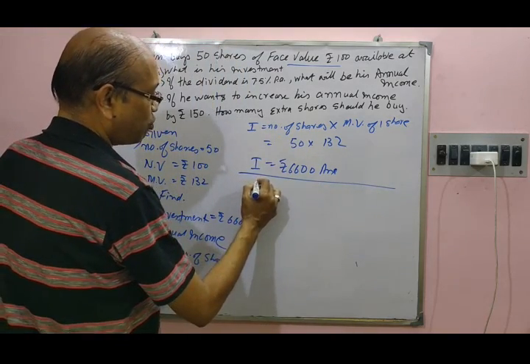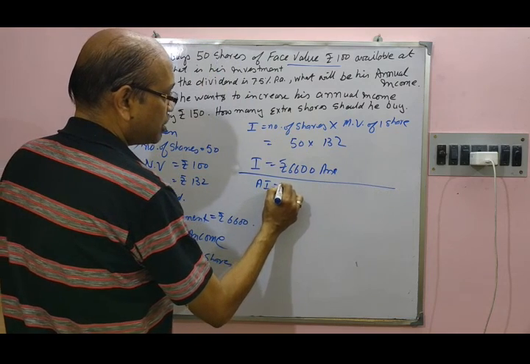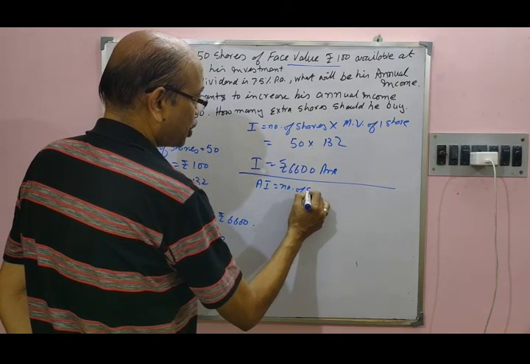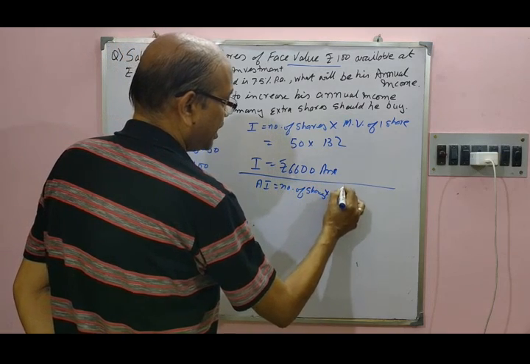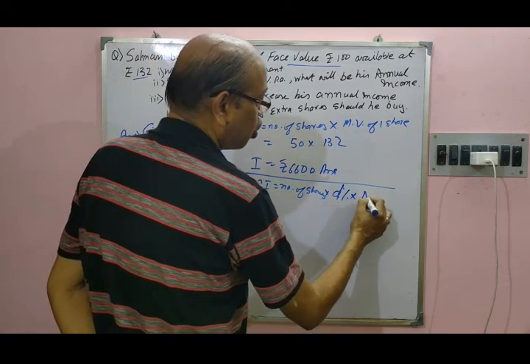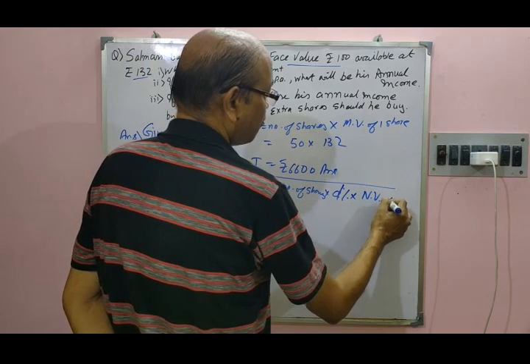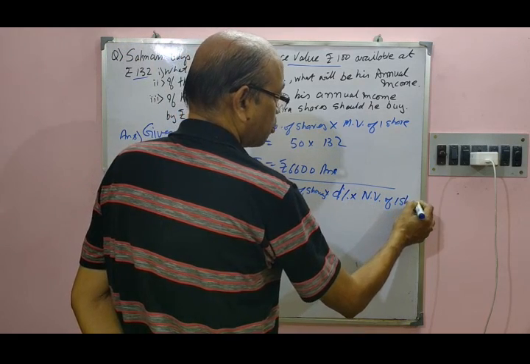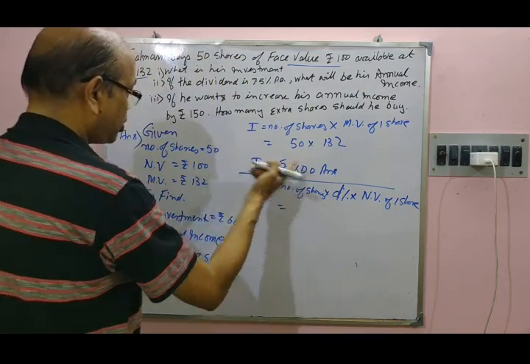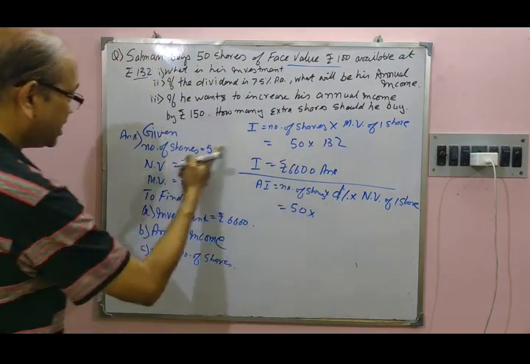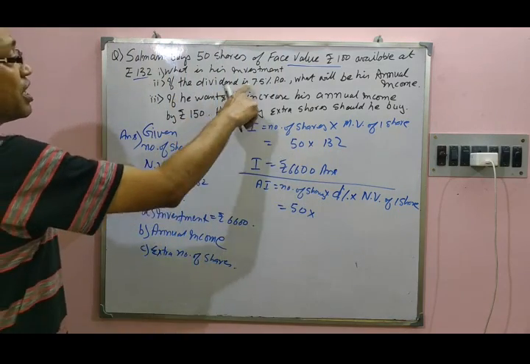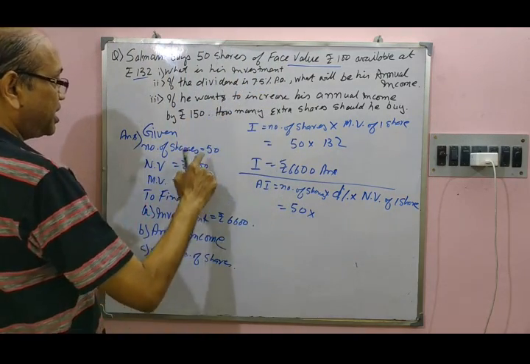Second part, annual income. What is the formula for annual income? Annual income is number of shares into D% into nominal value of one share. The number of shares is 50. D%, it's given here, 7.5%.